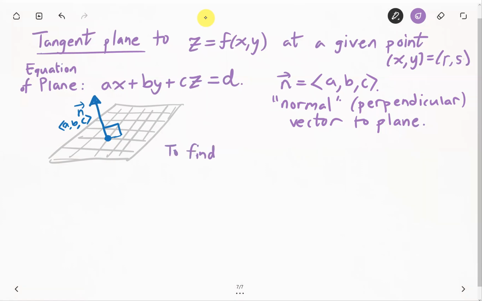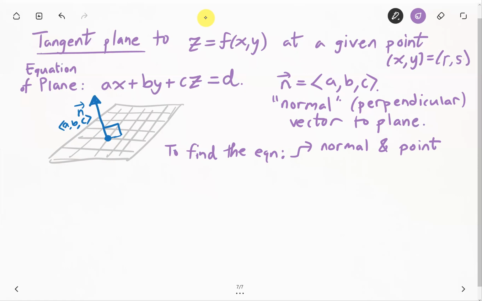So to find the equation, just as was the case with tangent lines, there are 2 main approaches you can use to figure this out. You could say, if you have the normal vector and a point on the plane, then you could calculate it.